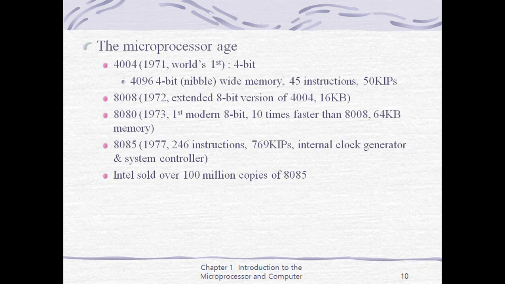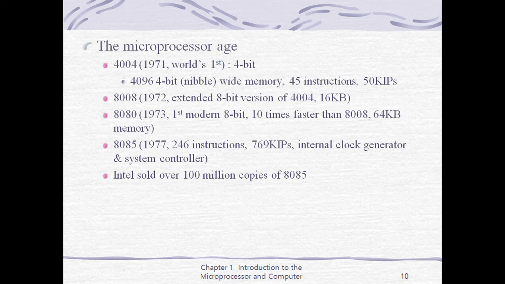It was the first modern 8-bit microprocessor at that time, and in addition, this 8080 microprocessor was 10 times faster than 8008. In addition, it could support 64 kilobytes of memory. So as compared to the 4004 microprocessor, which had 2 kilobytes of memory, and then the 8008 microprocessor, which could support 16 kilobytes of memory, 8080 could support 64 kilobytes of memory.